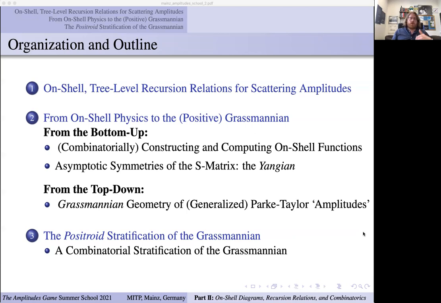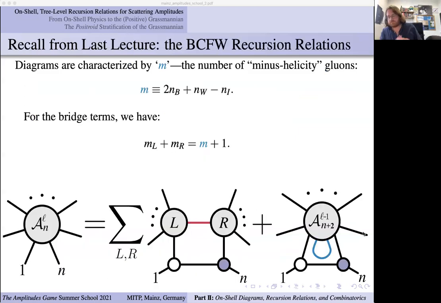We'll talk about how both of these things are basically describing 2 sides of the same story, and that this really unifies everything in planar maximum supersymmetry in a combinatorial way.